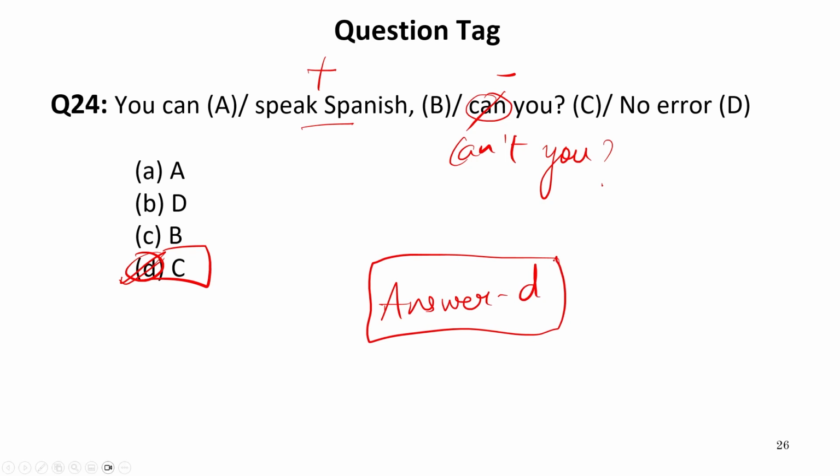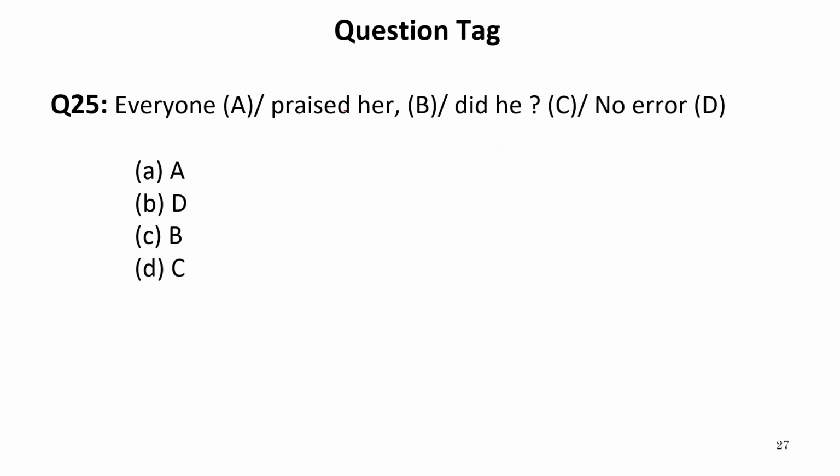Now let us move to the next one. Everyone praised her. Now everyone refers to all the people present there. But if it is written everyone, it should be used as a singular pronoun, which is followed by a singular noun and a singular verb as well. Now everyone praised her.